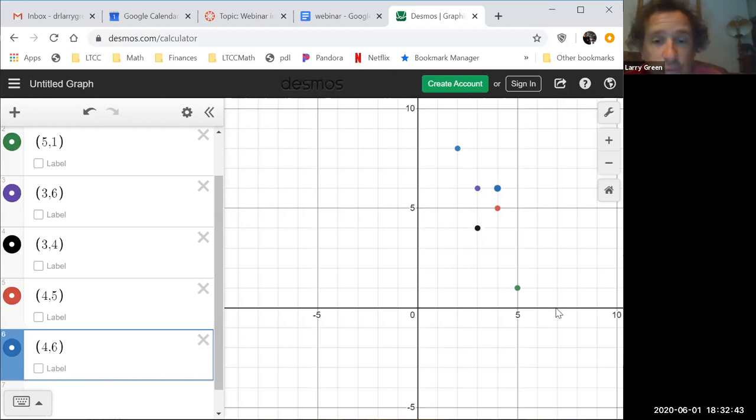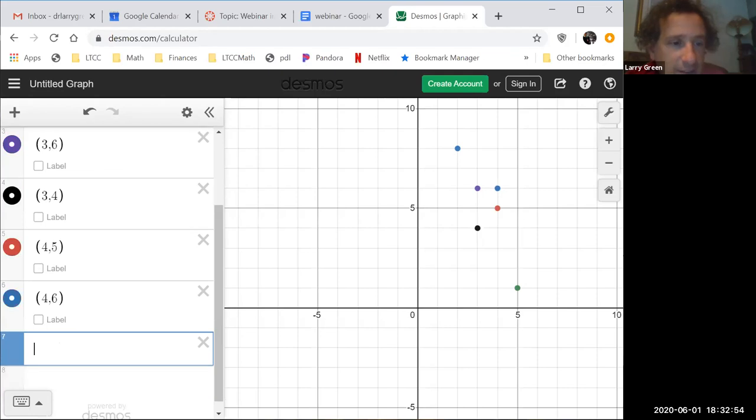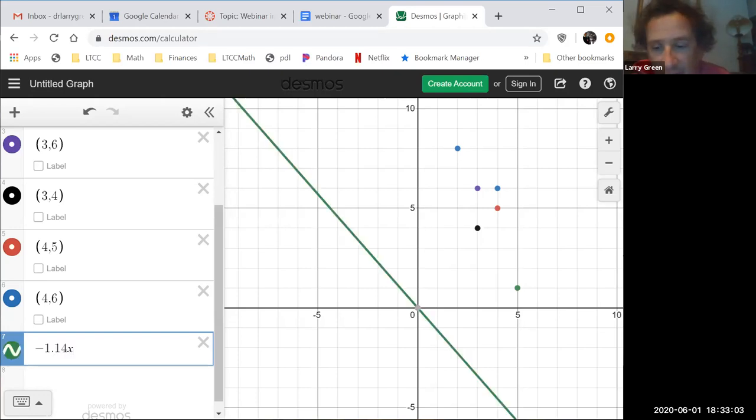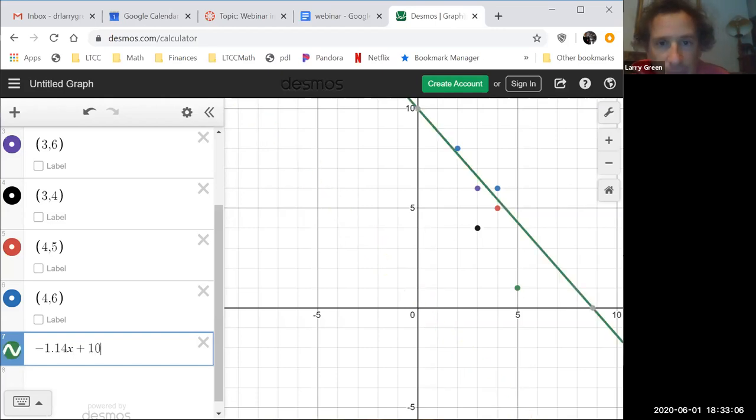Which is about -1 point something. So 10 over 7 is about 1.4286, or how about -1.14. So the equation of the line is going to be y equals -1.14x plus 10. Maybe the slope is a little bit steeper. You could even play around with it.